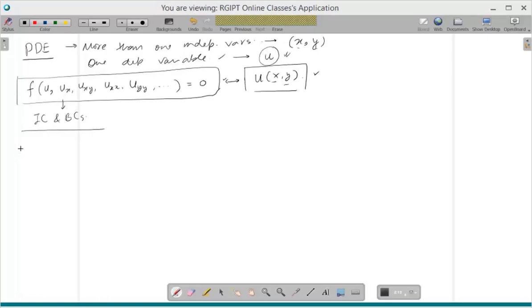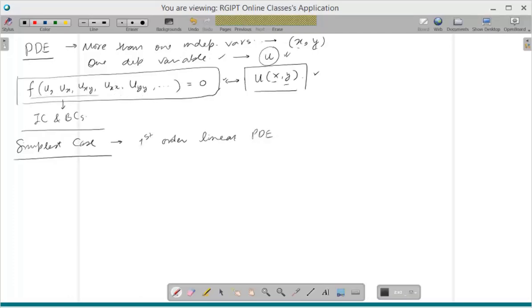I'm going to start with the simplest scenario, which is first order. The simplest case would be first order, linear.